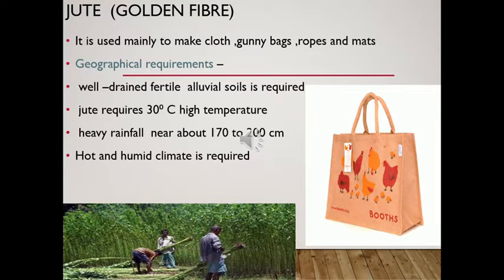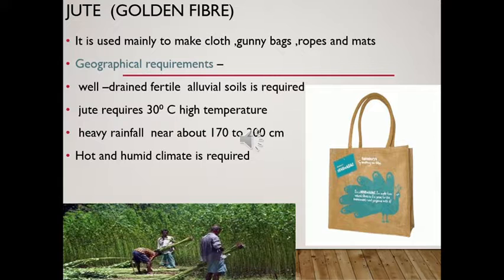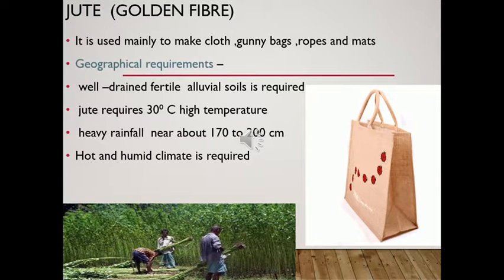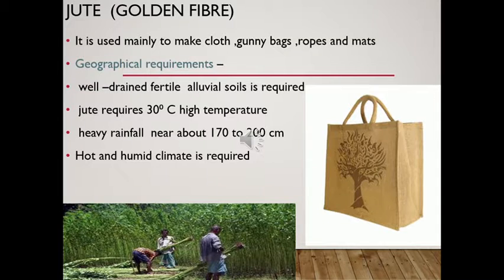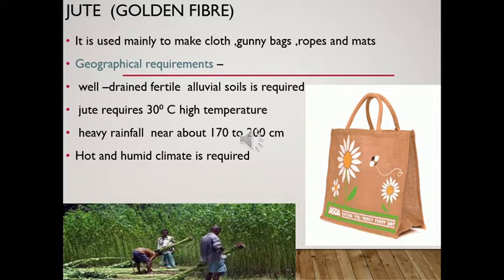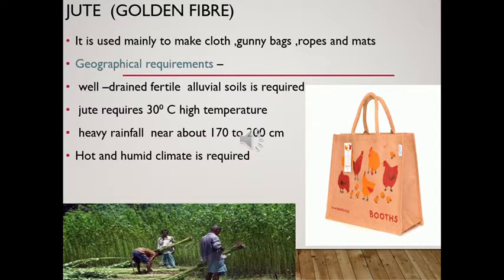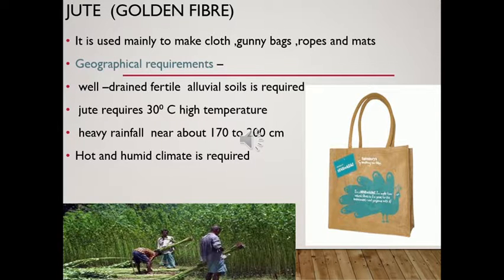Jute fiber. It is also known as golden fiber. Jute is used mainly to make cloths, gunny bags, ropes and mats.